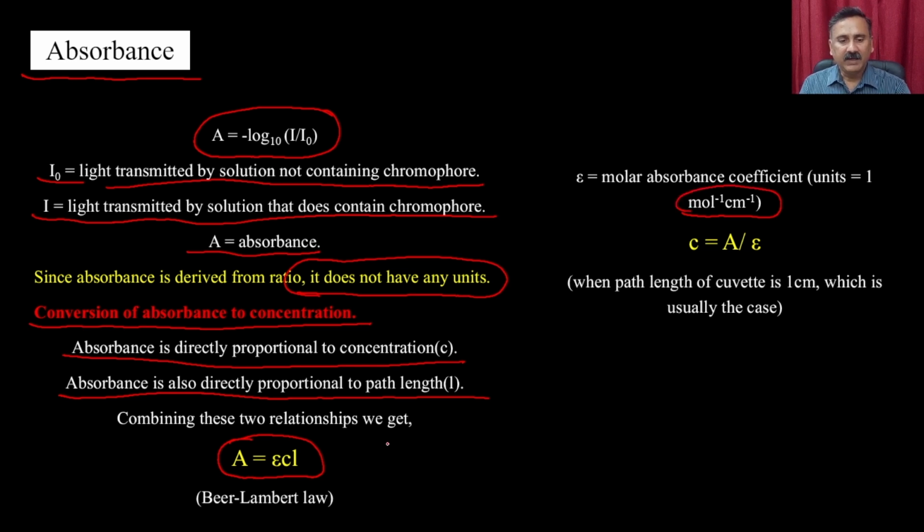If you keep the path length constant, then the concentration is going to be the absorbance divided by epsilon. When the path length of the cuvette, or the light path, is 1 centimeter, it is constant, so we can ignore it.